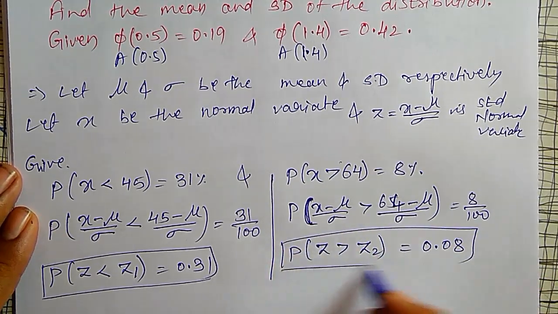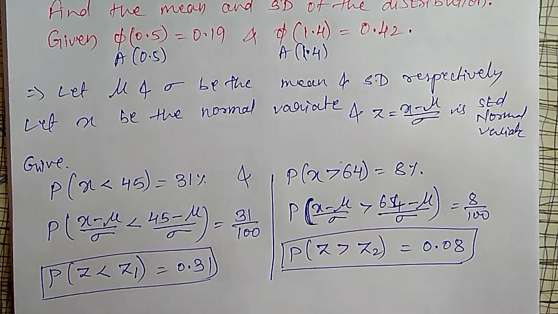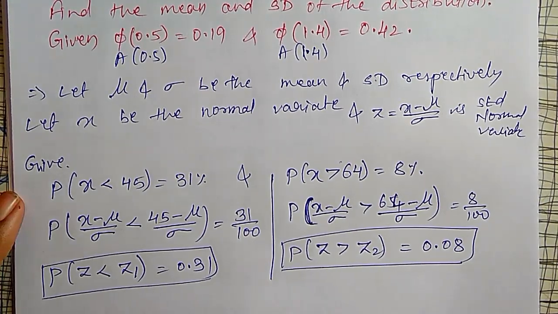Indirectly these two are given. Using these two, I have to find 1 by sigma and mu.